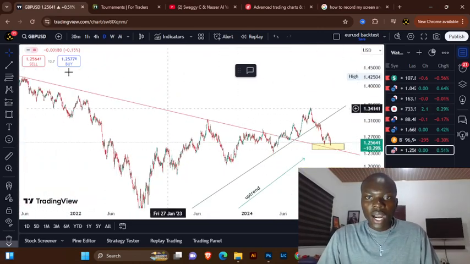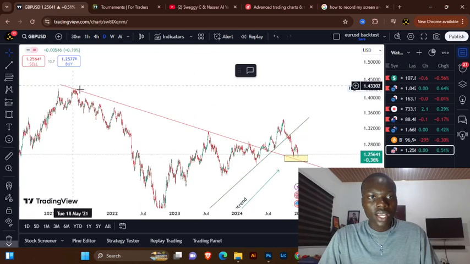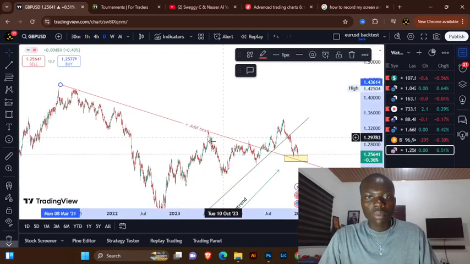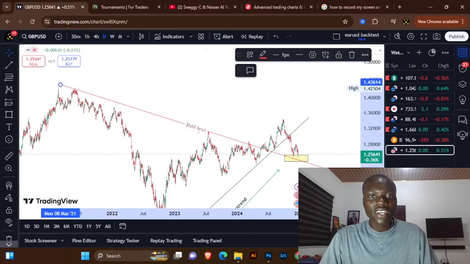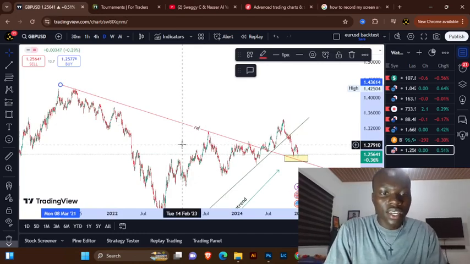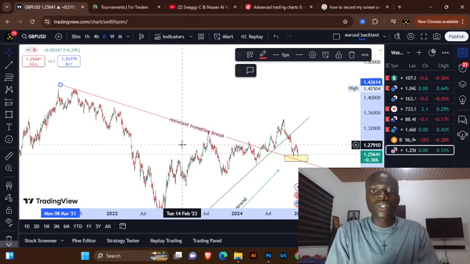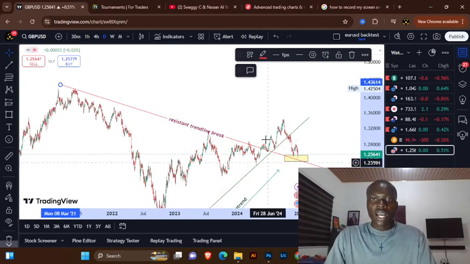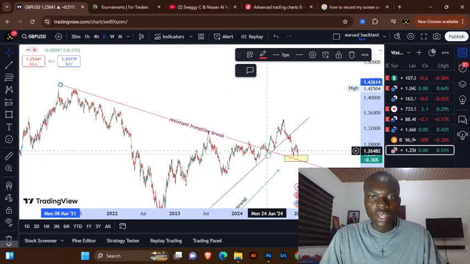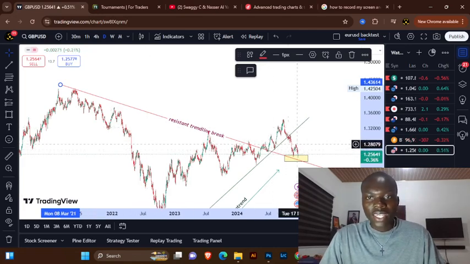You can see this is my resistance trend line. This trend line has broken here. This is the break, and this is the retest.